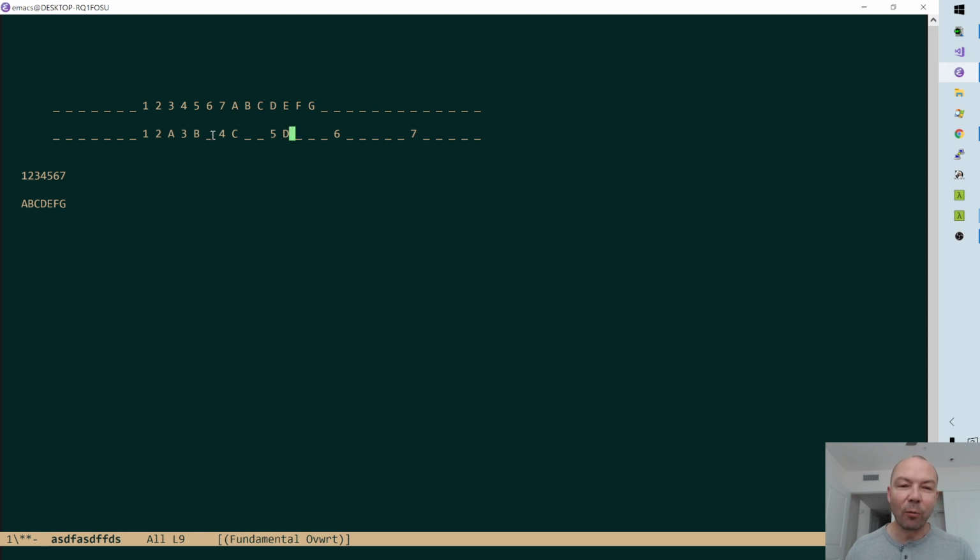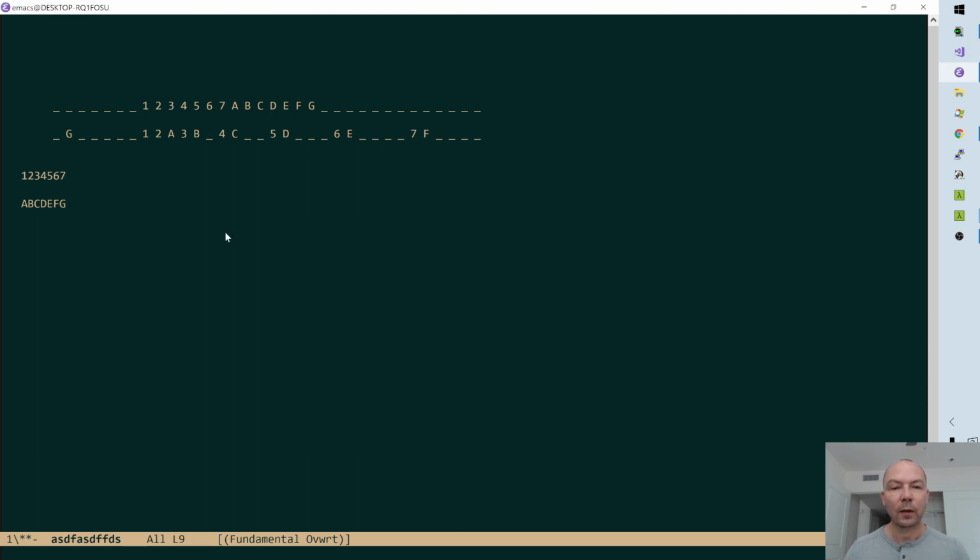I got confused about whether I'm skipping 3 or going on the third. So here we're skipping 1, skipping 2. I mean, it's the same, it's just off by 1. 3, skipping 4, E, skipping 5, F, and then skipping 6 for G.